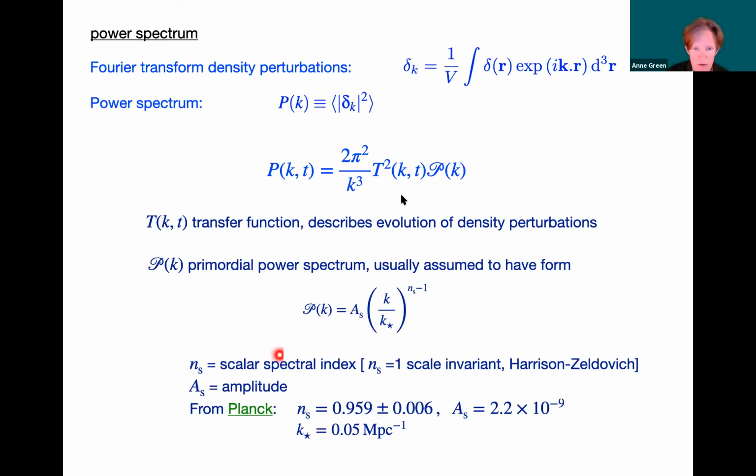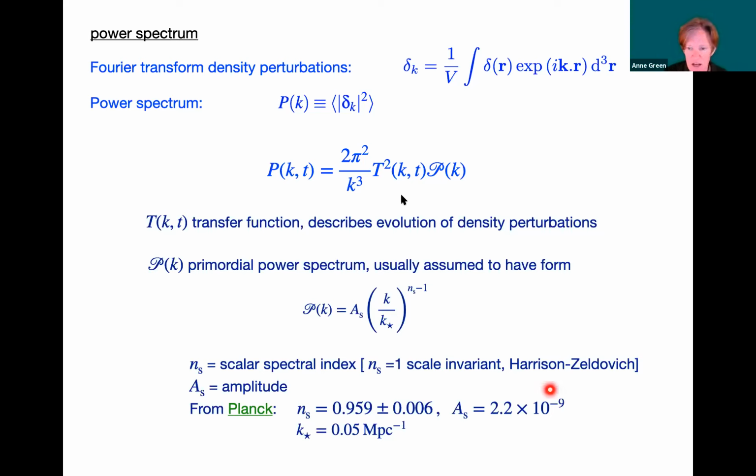This primordial power spectrum is usually assumed to have this simple form of a power law with amplitude A_S. The spectral index n_s describes the scale dependence of the primordial power spectrum. And this k star is just a fiducial scale that you choose depending on what data you're interested in.